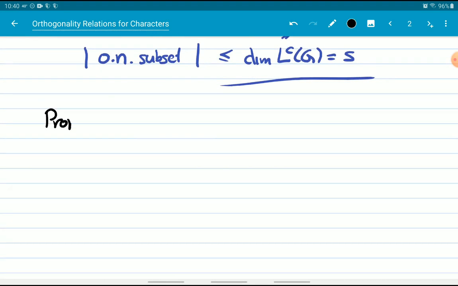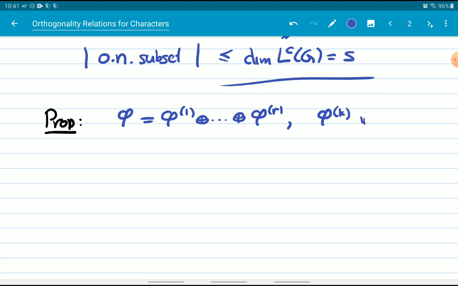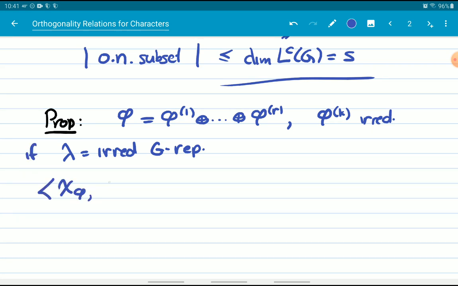Another consequence. Let's take a representation phi and suppose it is a direct sum of sub-representations, let's say phi upper 1 through phi upper r, where each of the phi upper k are themselves irreducible. Then, if lambda is some other irreducible G representation, I can compute the inner product of the character of phi with the character of this lambda.